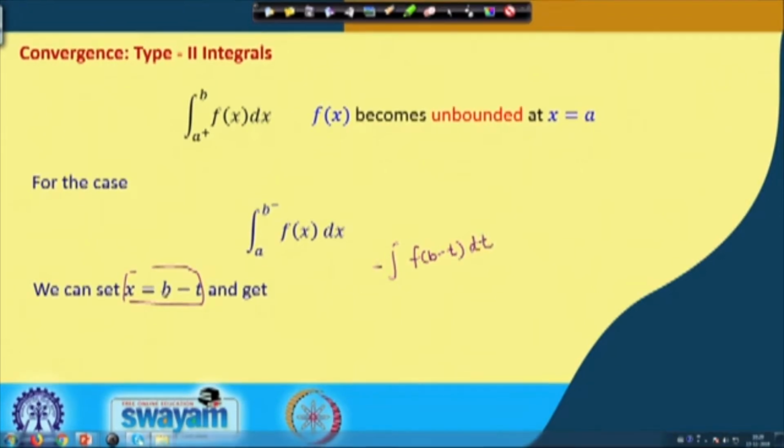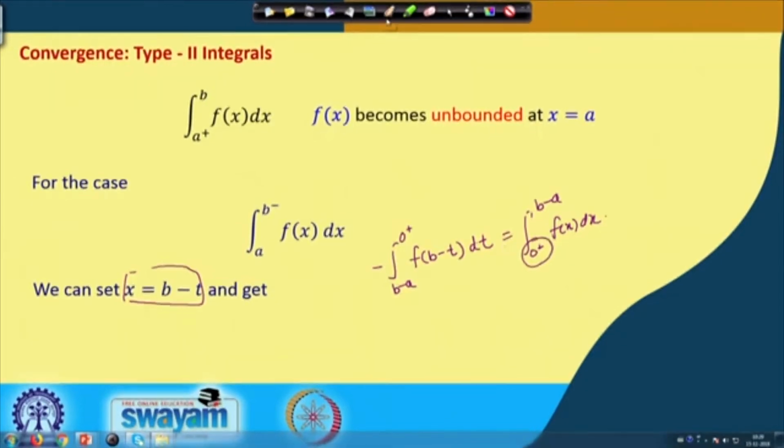When x is a, t becomes b minus a, and when x is b minus, t becomes 0. This changes the limits, and we get the integral from 0 plus to b minus a of f(x) dx. So this is the integral we will be considering again, where f(x) is unbounded when x goes to 0.